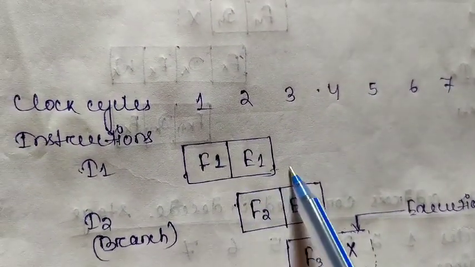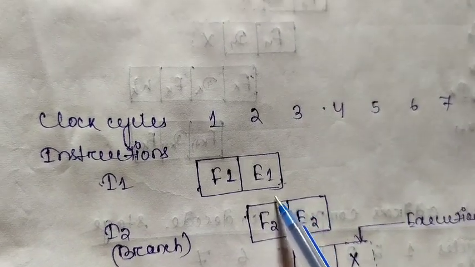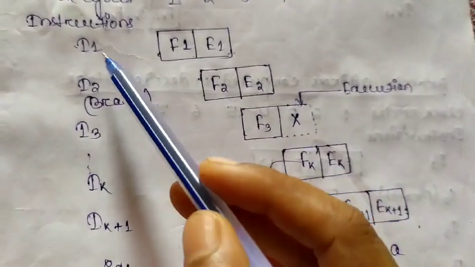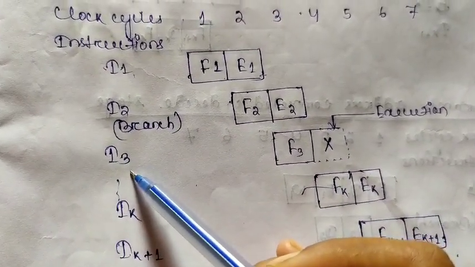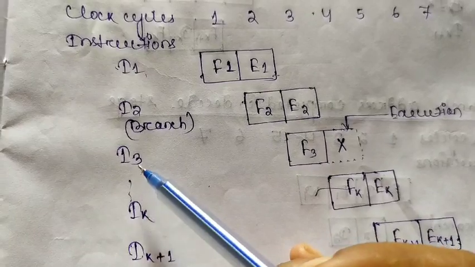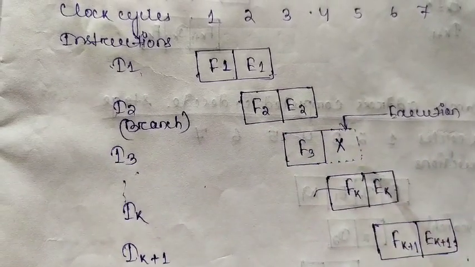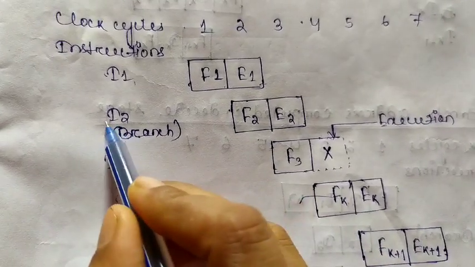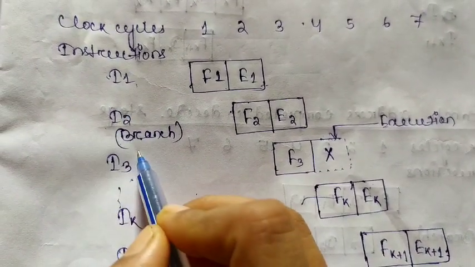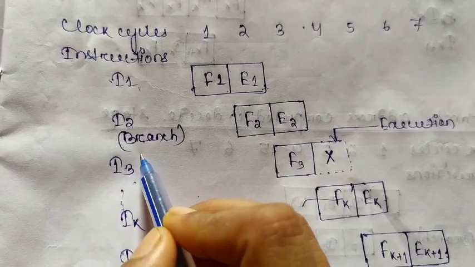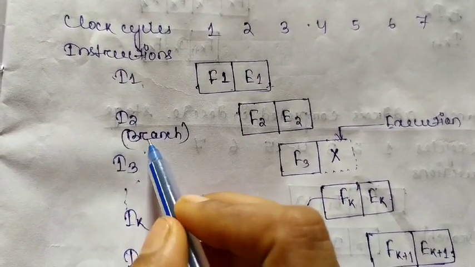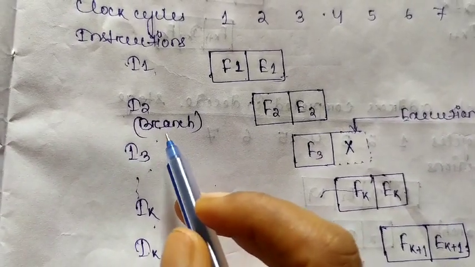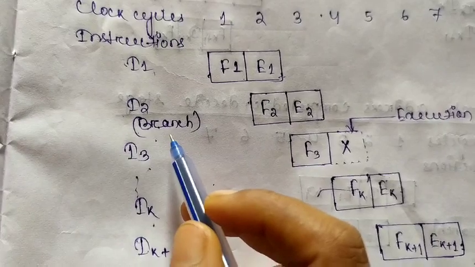Instructions I1 to I3 are stored at successive memory addresses, and I2 is the branch instruction. As I have written here, I2 is our branch instruction. Let the branch target be instruction IK. We previously saw this when we were studying conditional branches.